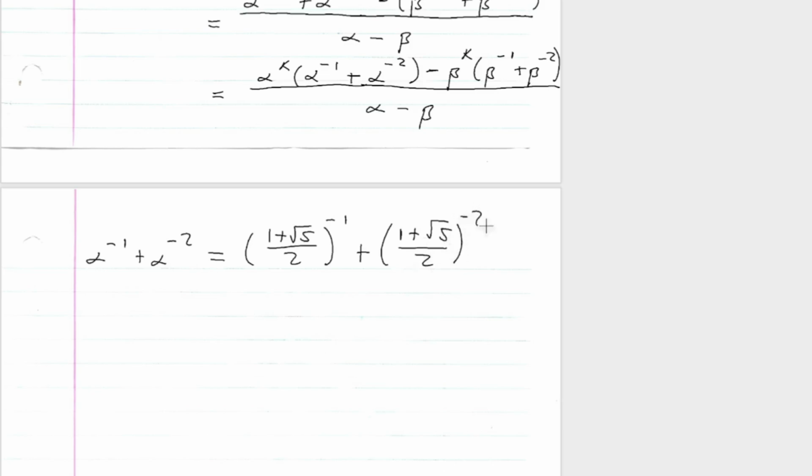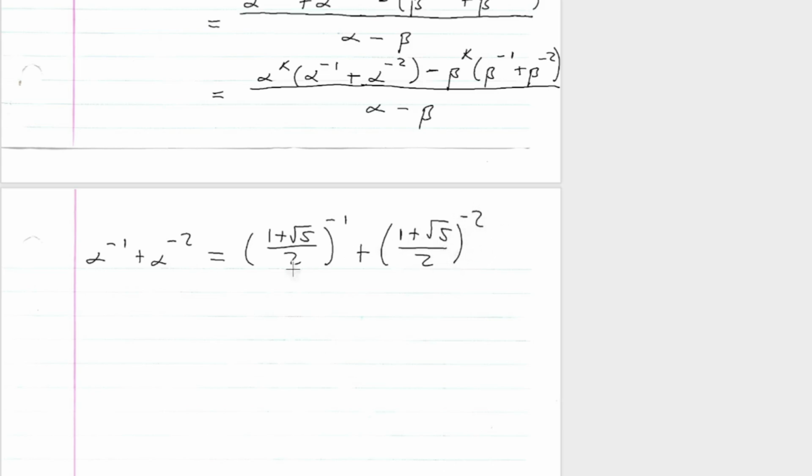Okay? So alpha to the negative 1 plus alpha to the negative 2. Remember, this is equal to ((1 plus the square root of 5) over 2) to the negative 1, right? Plus ((1 plus the square root of 5) over 2) to the negative 2.